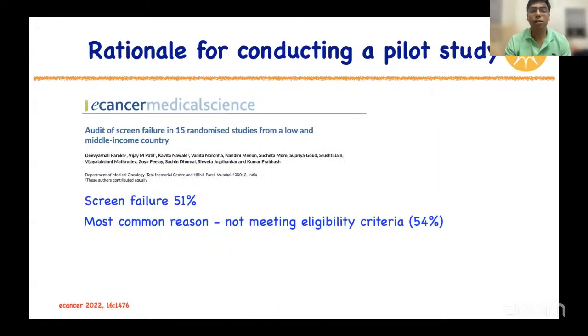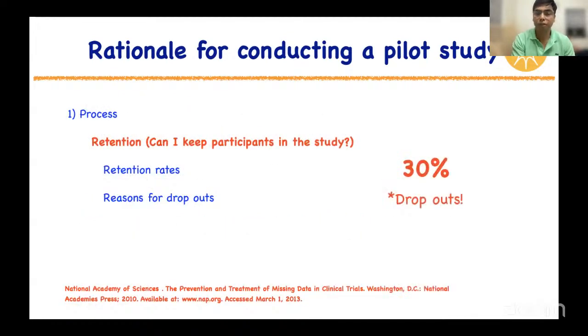Here is a research paper on 15 randomized studies from an oncology department, and they found that the majority of the screen failures were because the patients were not meeting the eligibility criteria. So if you make the eligibility criteria more inclusive than restrictive, you may end up recruiting more patients.